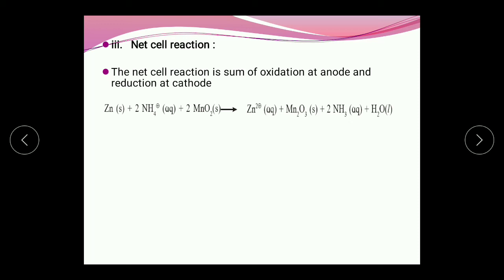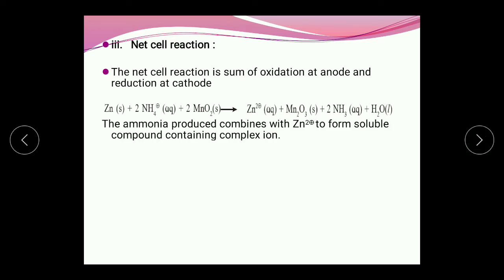Understood? Now, the ammonia produced here combines with Zn2+ ions to form a soluble compound containing a complex ion. Further, as I told you, a chain of reactions takes place here. The Zn2+ and ammonia produced both react with each other and produce Zn(NH3)4 2+.